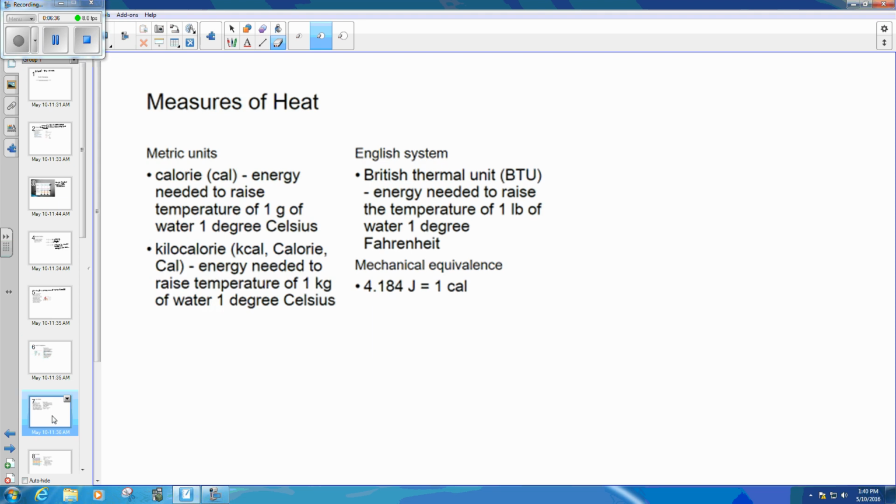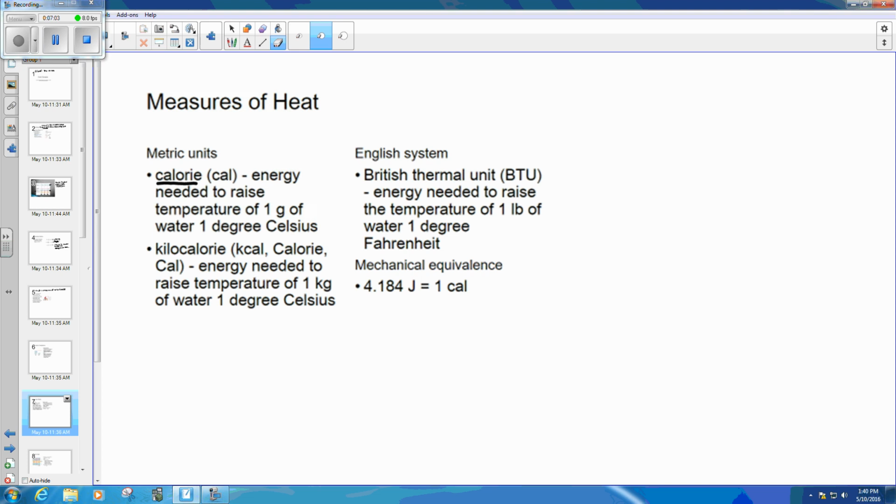So here are the units of heat. The first unit that we use for heat is called a calorie. A calorie is the energy required to raise the temperature of 1 gram of pure water by 1 degree Celsius. So it is based on this substance called water.